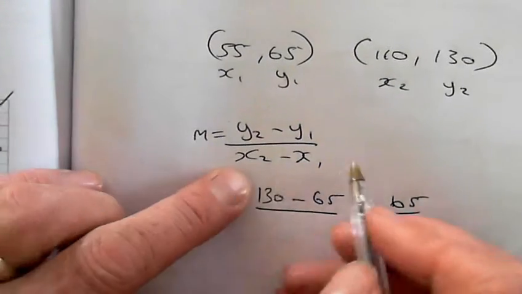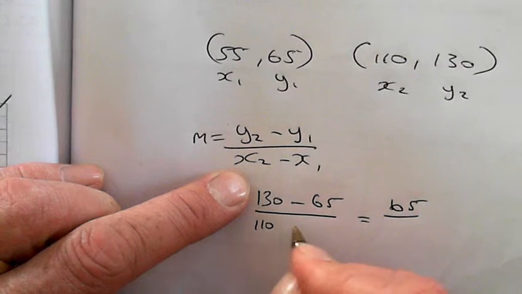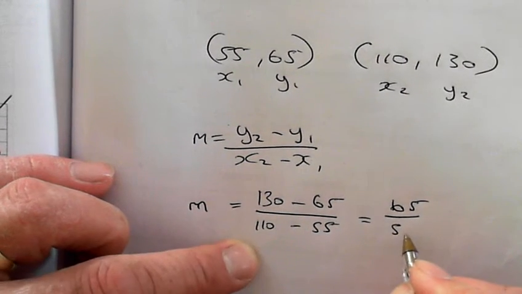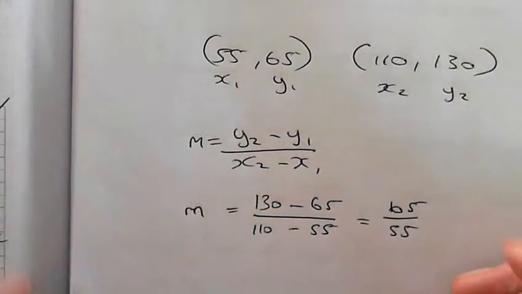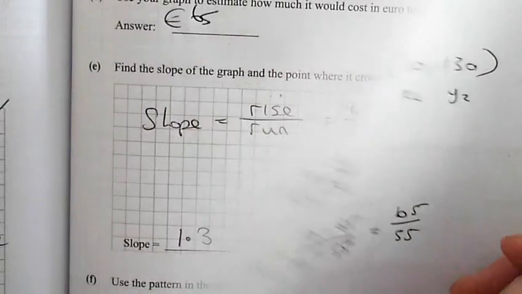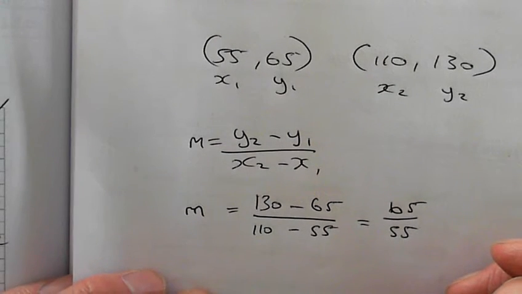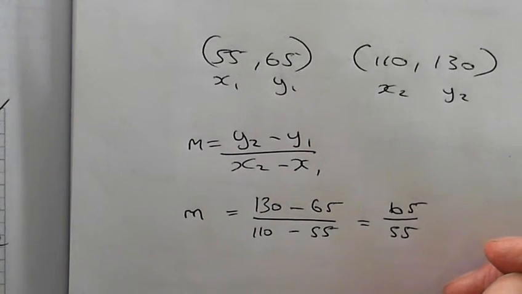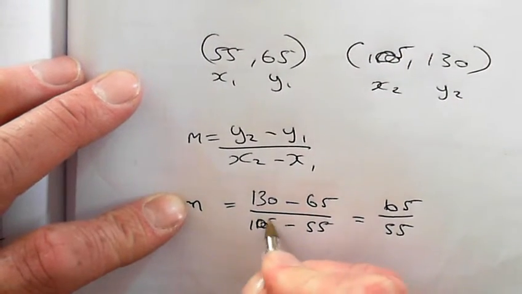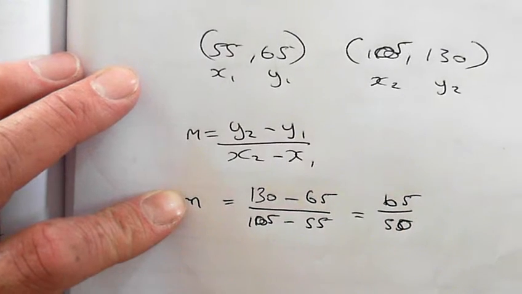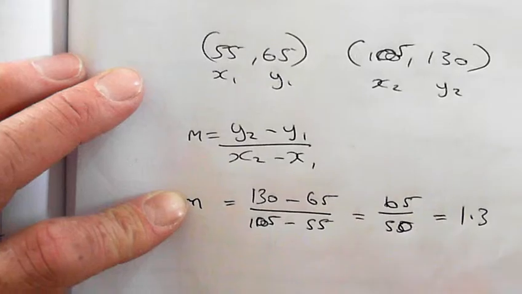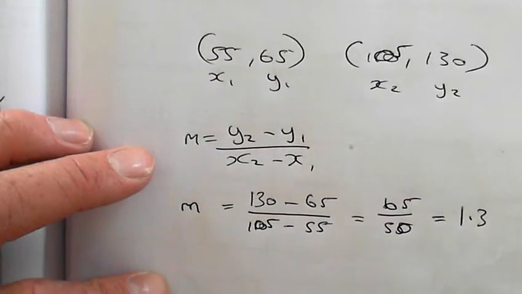On the bottom, you get x2 minus x1, 105 minus 55, which is 50. So 65 over 50, which is 1.3. Same answer.